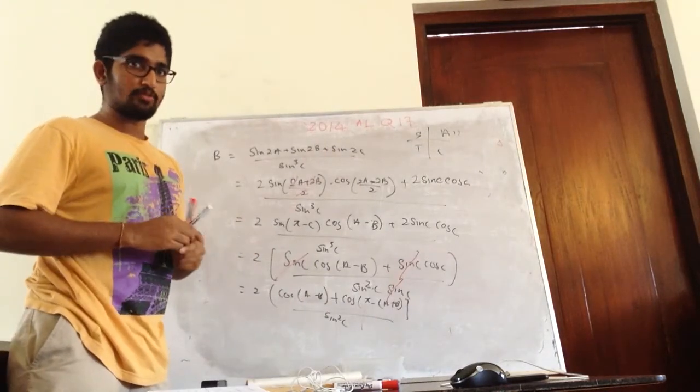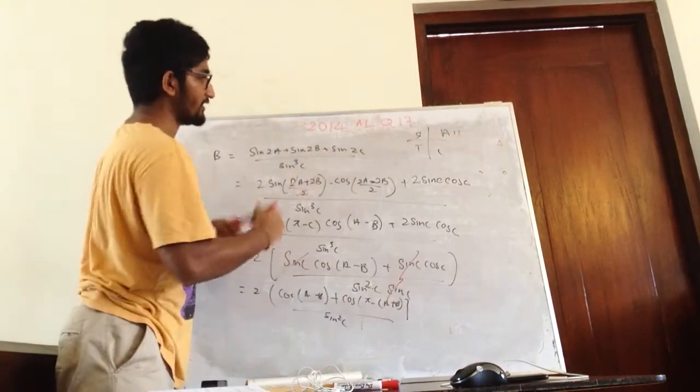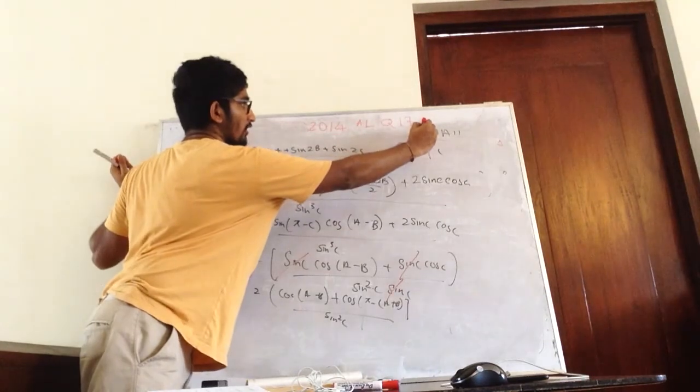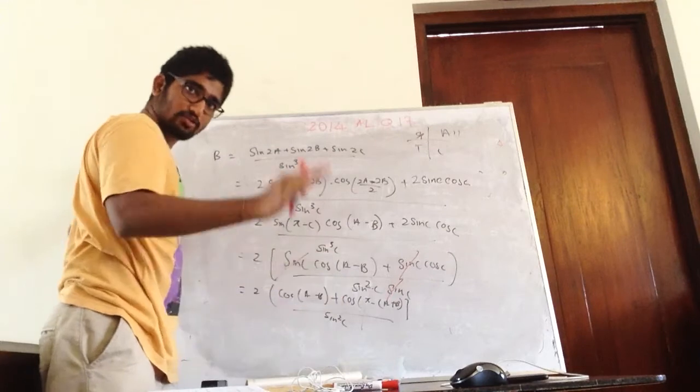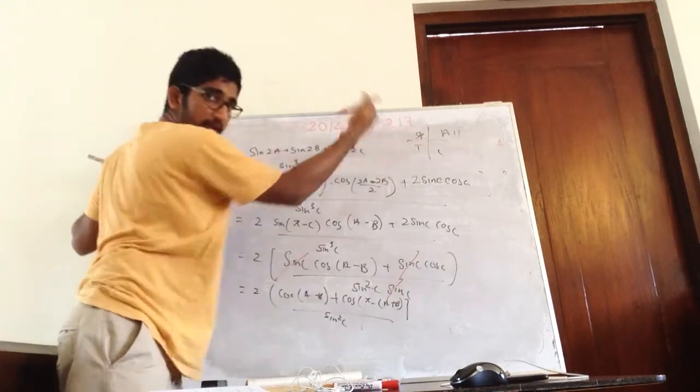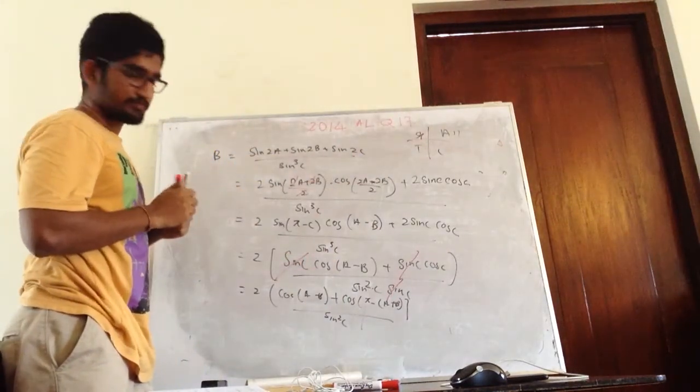Right, not a problem. So yet again pi minus A minus B comes here. Because it's pi minus something, the cos will be there, but this will be minus. Correct?